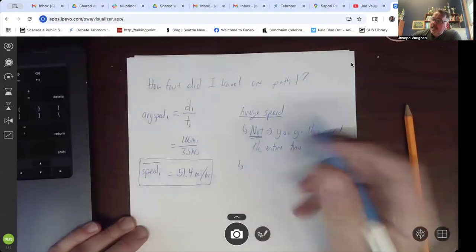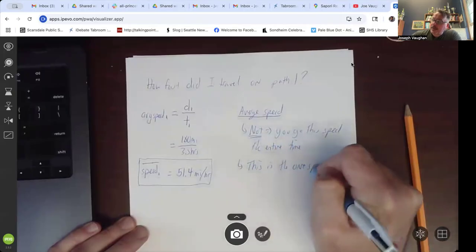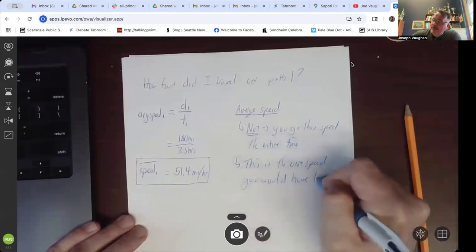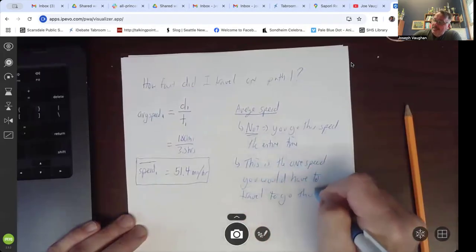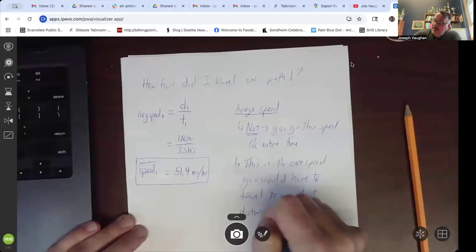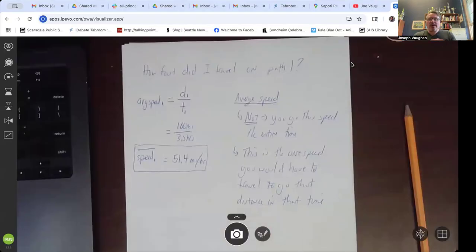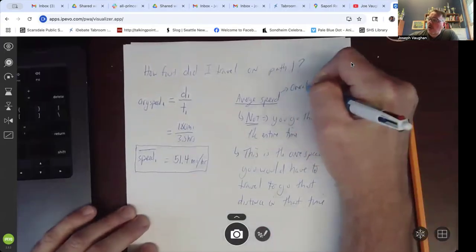What it is saying is that this is the one speed you would have to travel to go that distance in that time. Or a way of thinking about it, it's sort of like a holistic speed for the trip, not dealing with all the individual moments, but dealing overall with the trip itself, right? So thinking about it like an overall trip speed.